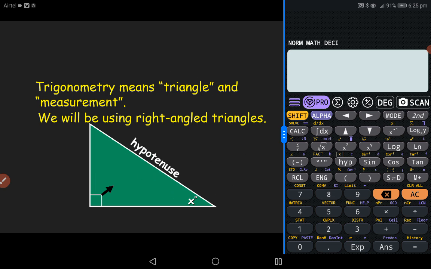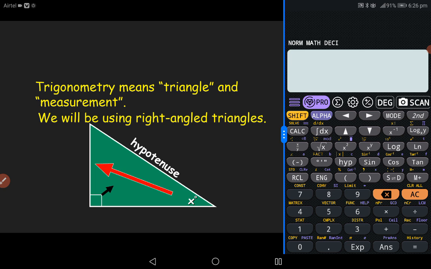You appreciate that it's the longest side of a right-angled triangle. It's directly opposite the 90-degree angle. Take note of the spelling of hypotenuse.